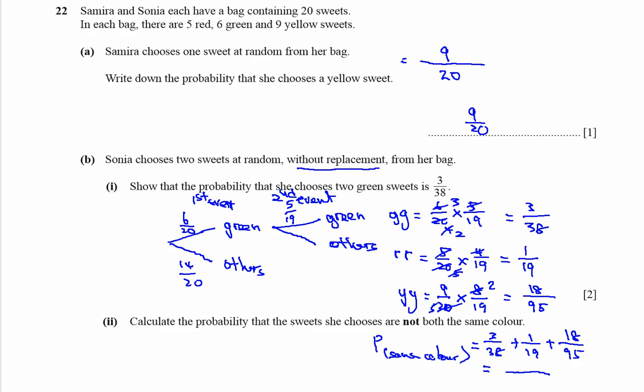Calculator. 3 divided by 38 plus 1 divided by 19 plus 18 divided by 95. What you get is 61 over 190.